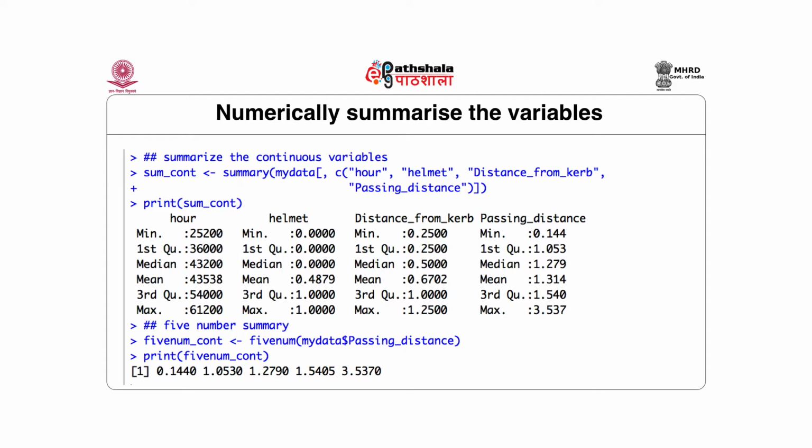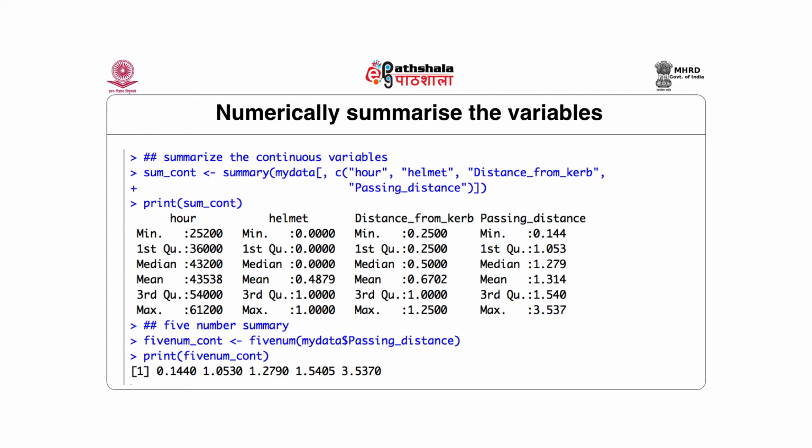But as it happens, in this particular case, we are interested to find out the summarization of each of the variables column-wise. So we put the comma first, and then we put C, and then we say, okay, give me the individual variables. In this particular case, our helmet, distance from curb and passing distance, and R will oblige us.